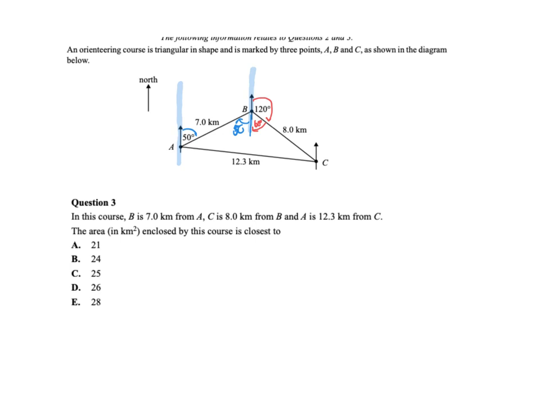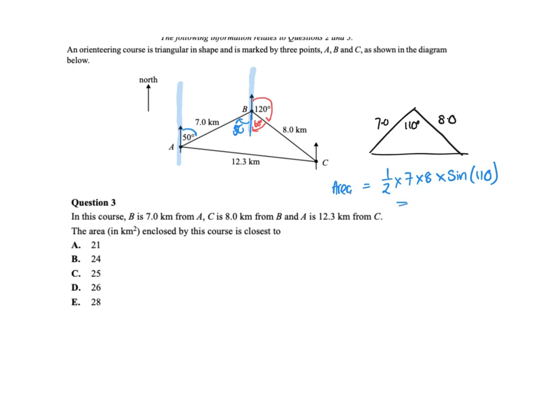So essentially I've found a triangle where they've given me two sides and the included angle, which would be 50 plus 60, which is 110 degrees. So I can use the sine rule again, where I go 1/2 times 7 times 8 times sine 110 to give me the area.